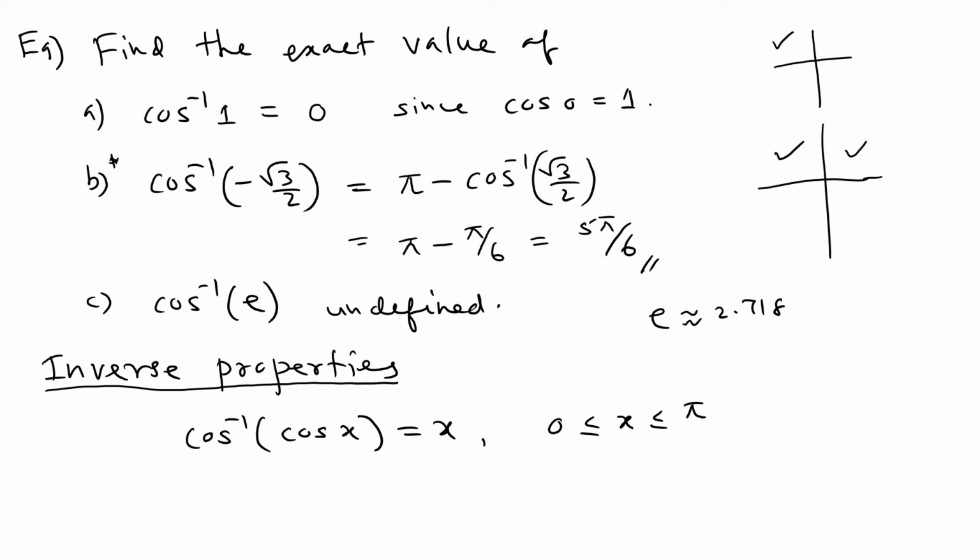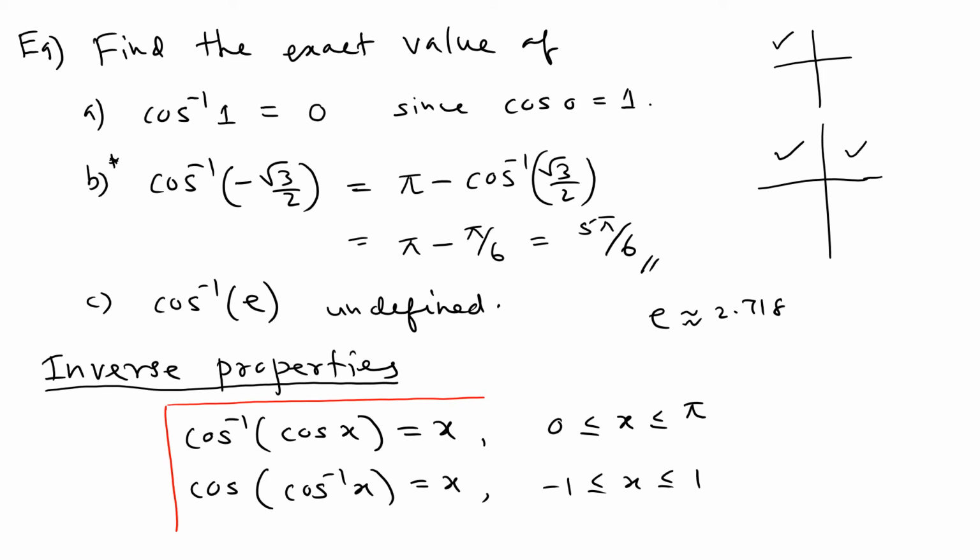And then cosine of cosine inverse x equals x. This all works when x is between -1 and 1. So that's the easy one. These are the inverse properties. So let's try to do some problems that use this idea.